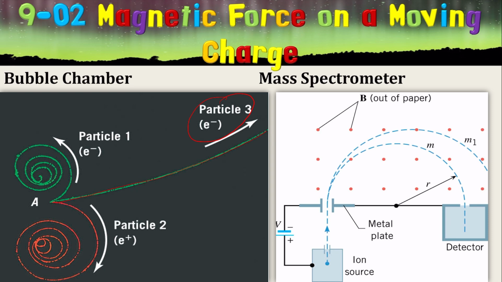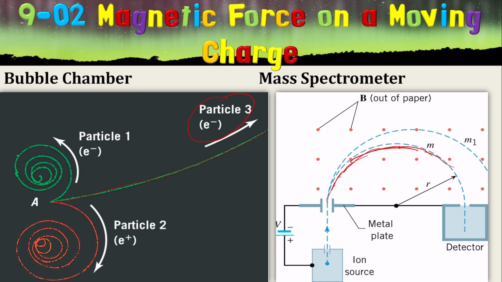Another application is a mass spectrometer, in which an ion source shoots particles into a magnetic field, which causes them to turn and curve. And then there are detectors. The detectors count how many particles end up there.